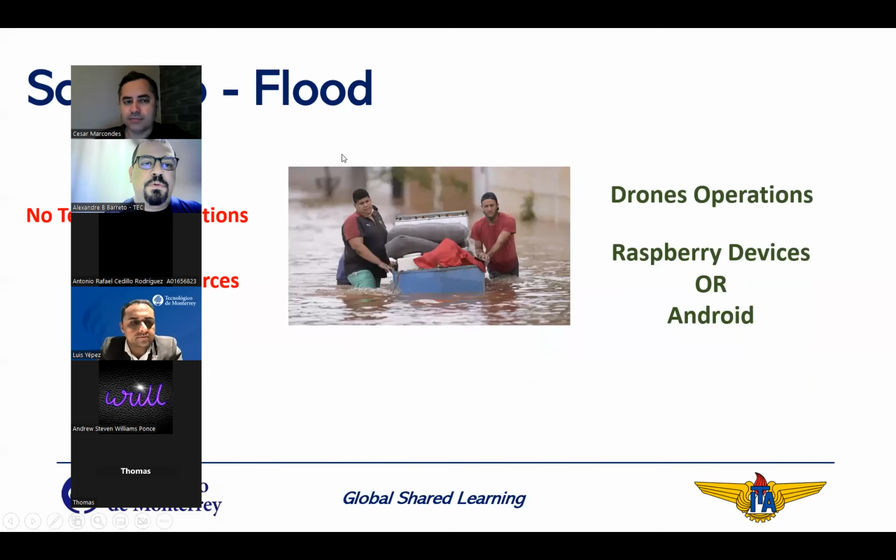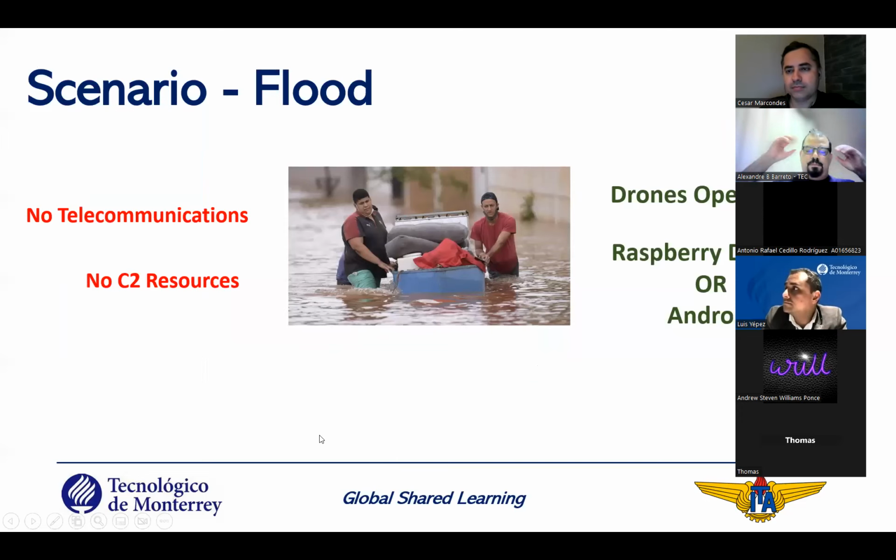So, what will we work on? Again, this collaboration aims to join different cultures to solve a real problem. We studied a lot of different cases, and we selected the flood scenario. Why the flood scenario? Because it's not so rare in Brazil.